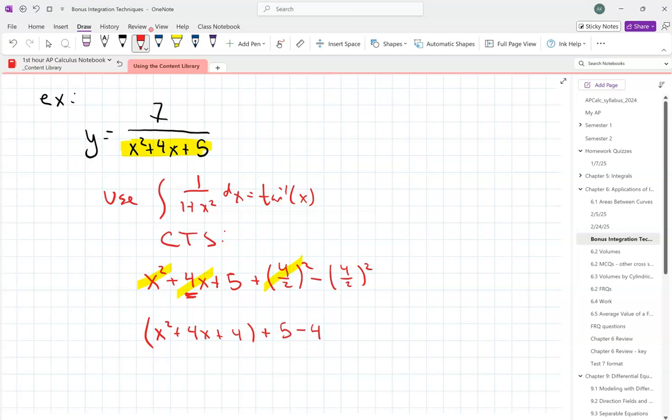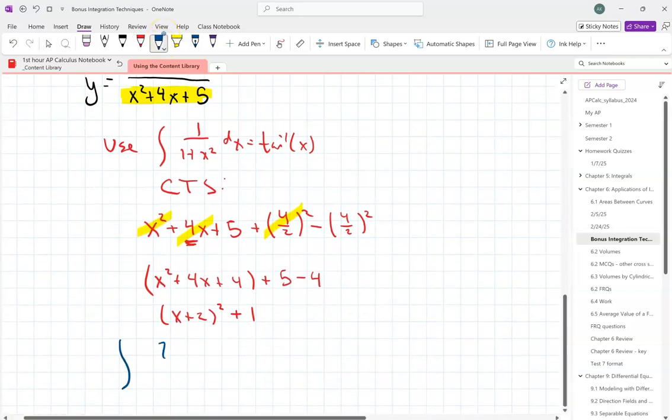X squared plus 4x plus 4 factors to x plus 2 squared. And then 5 minus 4 is just 1.